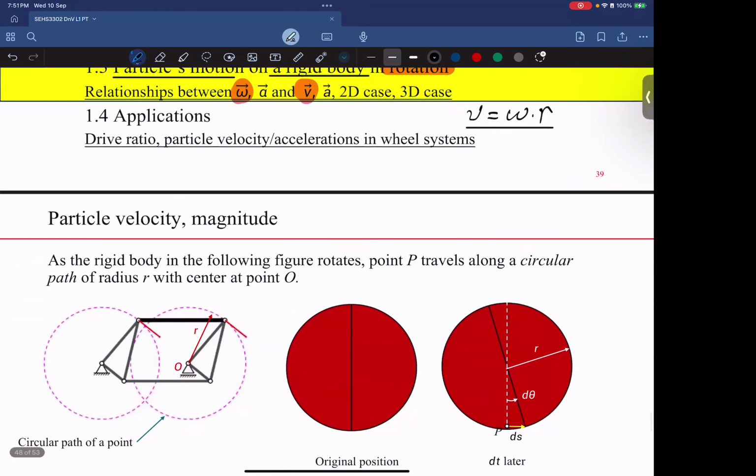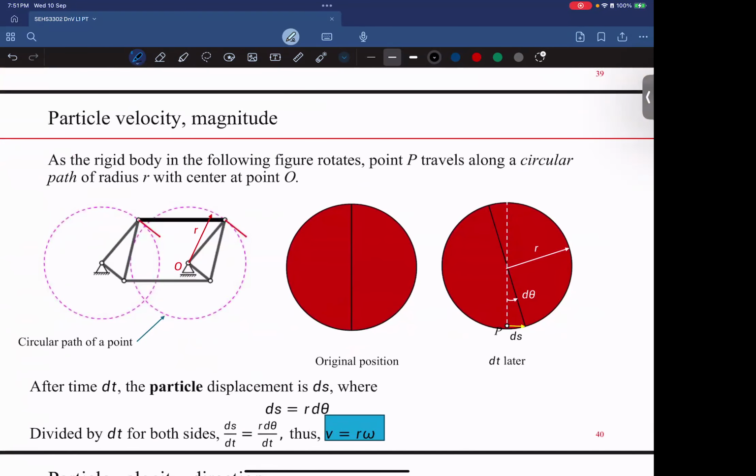And let's see the rotation. We have an animation, I remember. Here we can see two triangles, this one and this one, right? These two triangles are connected by two links.